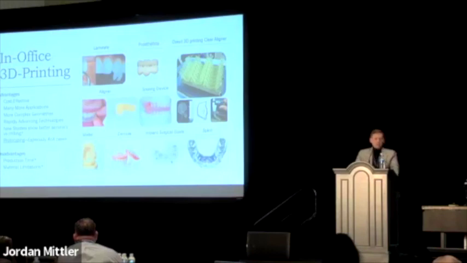There are direct 3D printed clear aligners that were released recently. From everyone I've spoken to, they're not quite there, but I think that's going to be a major revolution in the clear aligner business once they get a little bit better. And for veneers, a company out of Boston is releasing basically a feldspathic porcelain printed veneer later this year, which is really, really interesting.